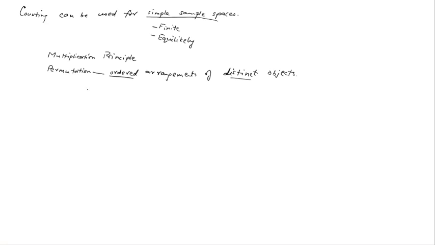For example, if you had three objects A, B, and C, and they're distinct, they're different, you could arrange them in this way. That's one permutation. Or you could arrange them in this way, or this way, or this way. And you have 6 ways of arranging 3 objects. And these are the 6 permutations.